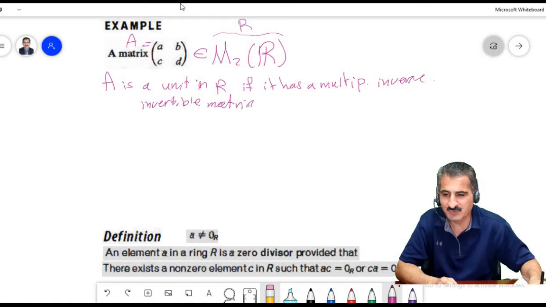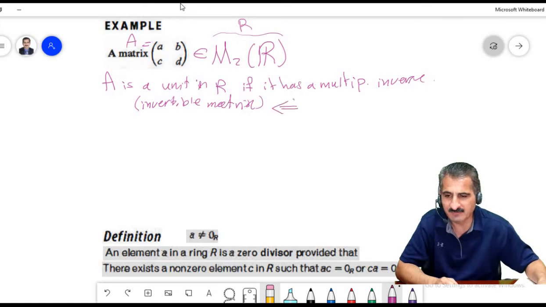And you know such a matrix is invertible if and only if the determinant is not 0.